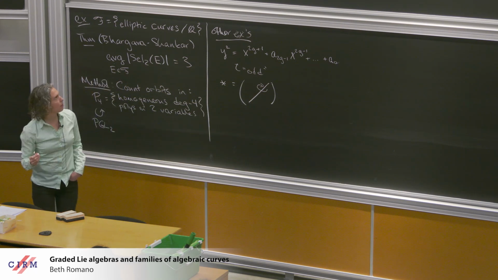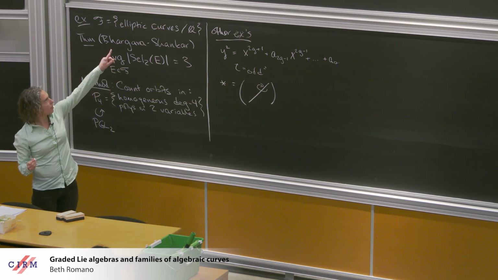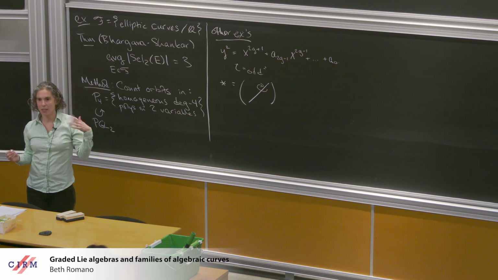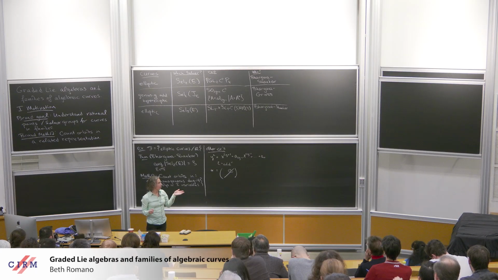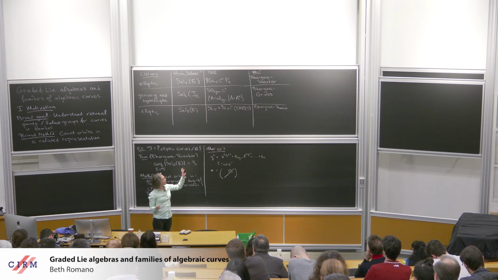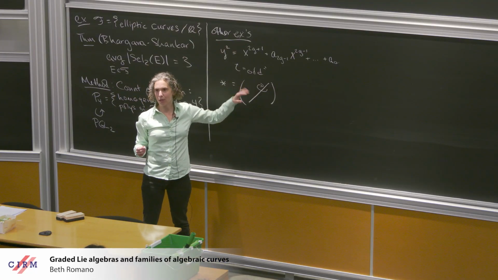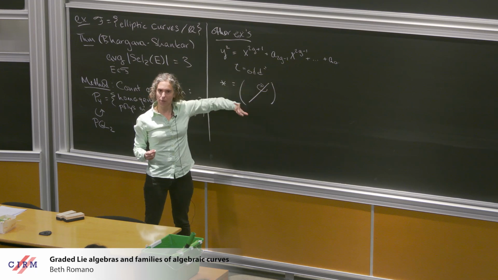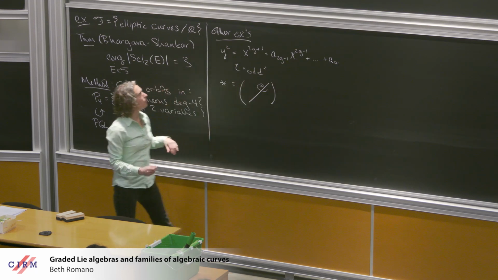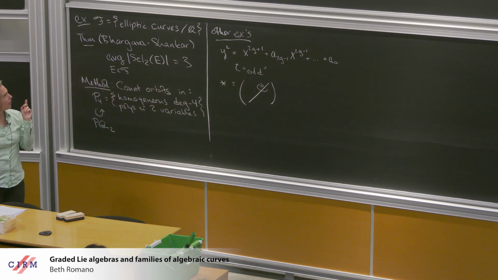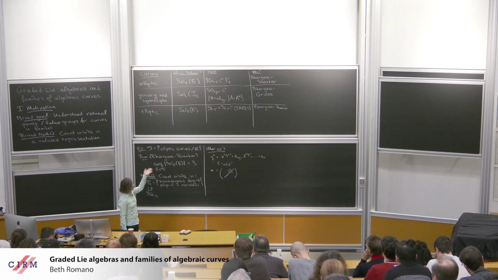The space they were looking at was, so little sl_(2g+1) is just traceless (2g+1) by (2g+1) matrices, and they were looking at all of the matrices that were fixed under this involution. A symmetric matrix would be fixed under the normal diagonal; this is fixed under the other one. That was Bhargava and Gross, and I just have another line.